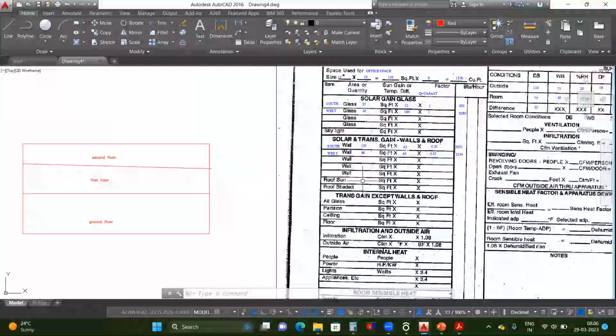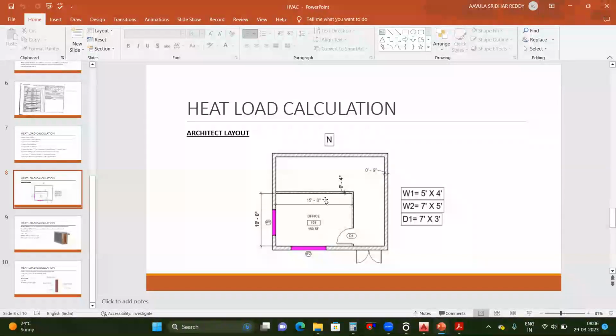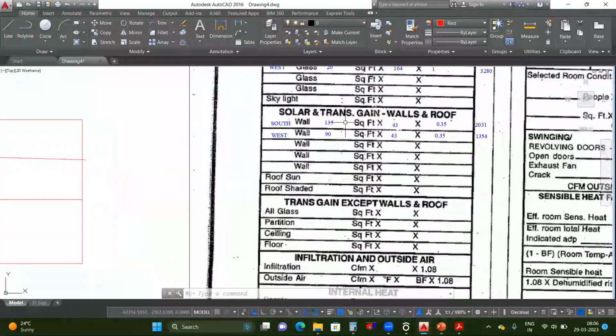Otherwise, we don't have any covers on the roof, so we can take the roof sun value. Okay, for the roof sun value here we need to enter the square feet first. The square feet is 15 by 10, that is 150 square feet. Okay, I will enter 150 here.